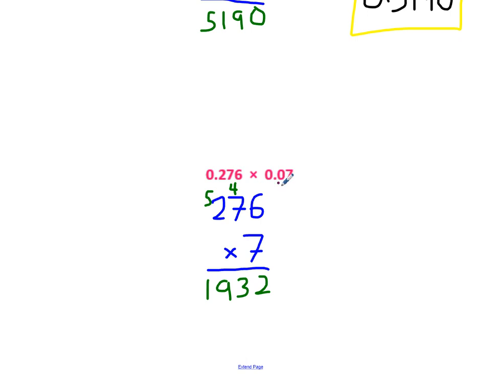We've got 1, 2, 3, 4, 5. So we've got 5 DP in the question. So we need 5 DP in the answer. So we're going to need to insert a 0 here and put a decimal there. So it's going to be 0 point, and then 0, 1, 9, 3, 2.